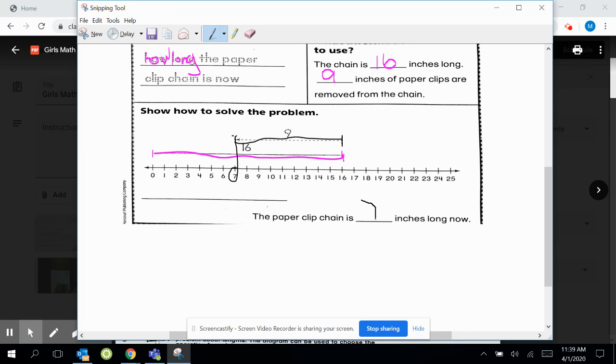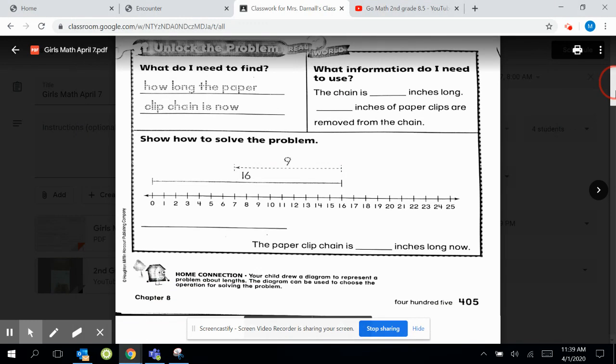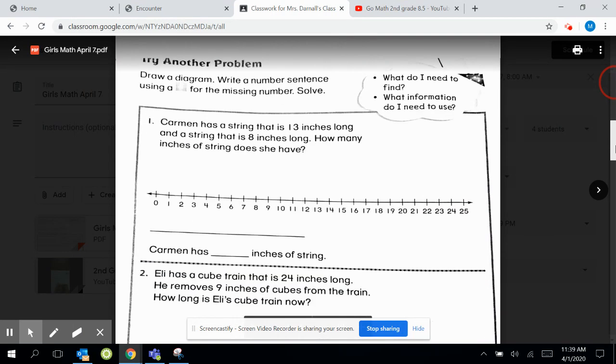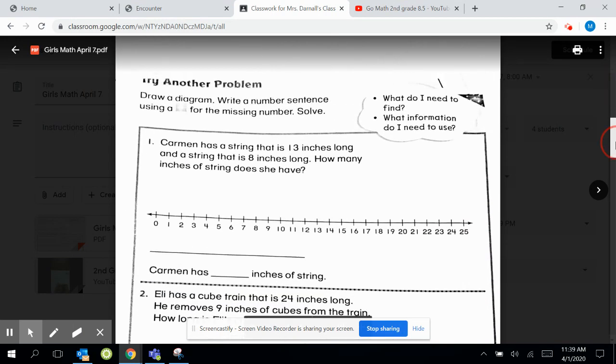What problem did we do to figure that out? We wrote 16 minus 9 equals 7. Because when the word remove tells us that it's going to get smaller or less, so we know that we subtract.